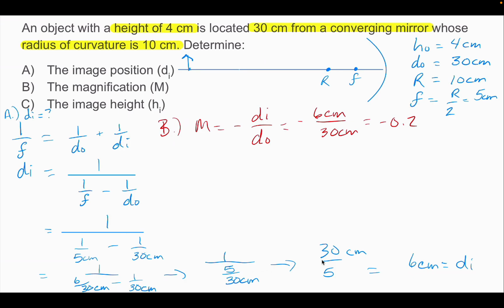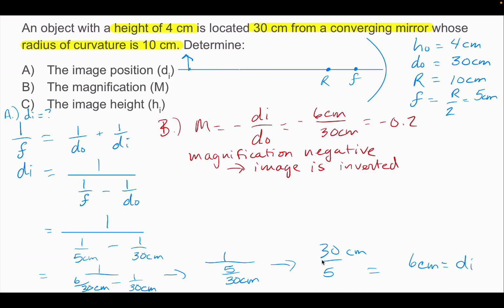If this is negative and it's smaller than 1, what does that tell us? Both things are telling us something. If the magnification is negative, that's telling us that the image is inverted.